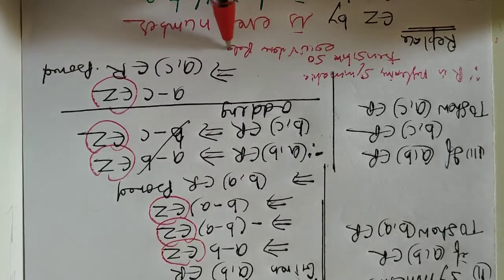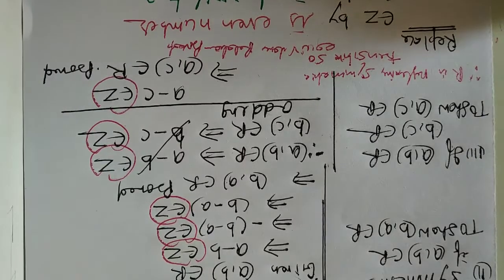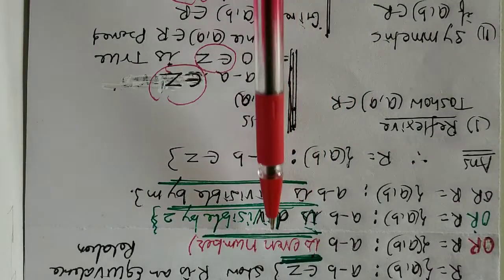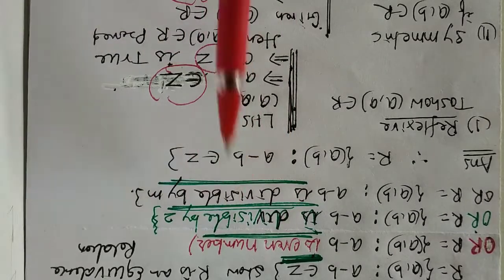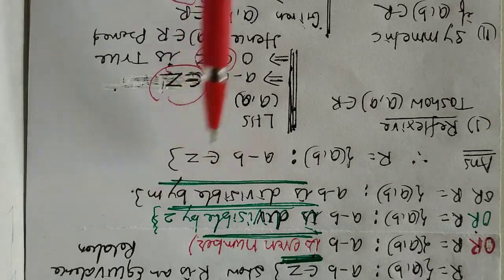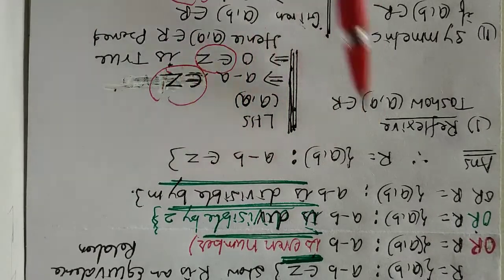Now here, to prove all the three, replace 'belongs to' by 'is an even number', or replace 'belongs to' by 'is divisible by 2', or replace 'belongs to' by 'is divisible by m'; all can be proved.